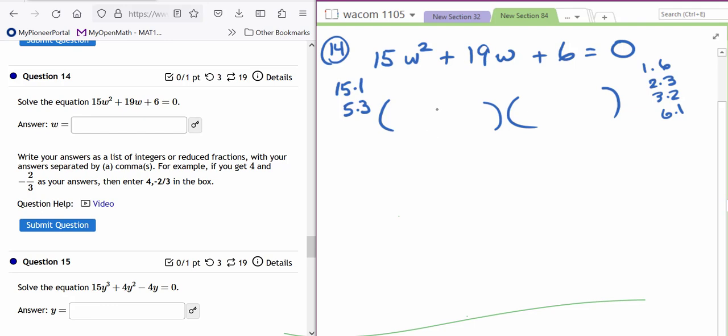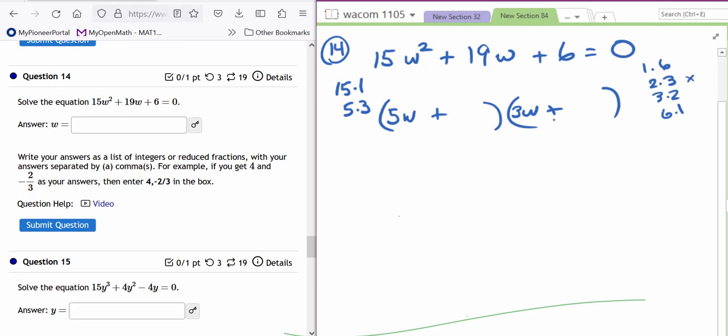Like signs both plus. And I'm going to try the 5 and 3. And then I'm going to pick numbers closer together. Actually, I have a little shortcut. With the 5 and 3, I can leave out the 2 and 3.